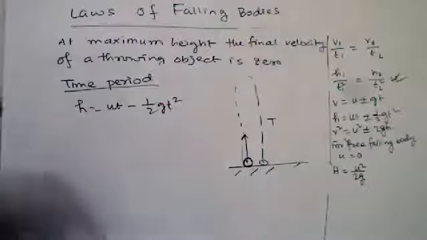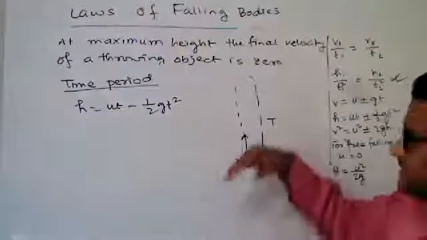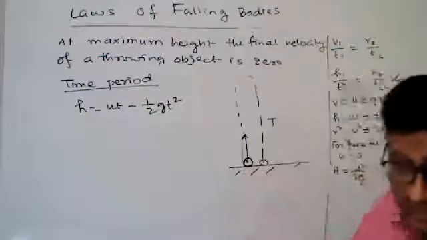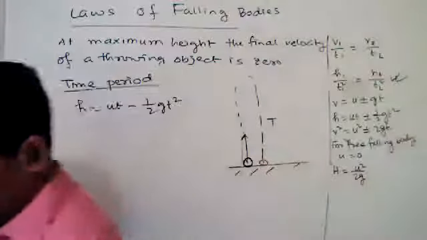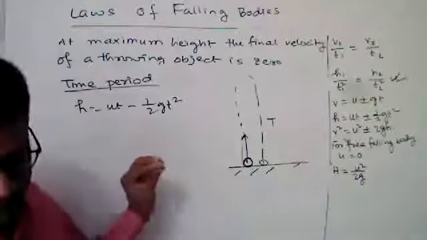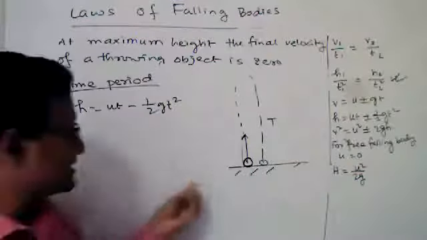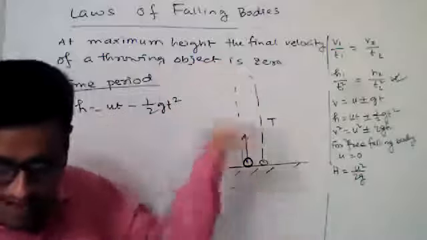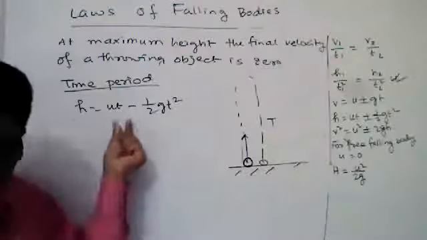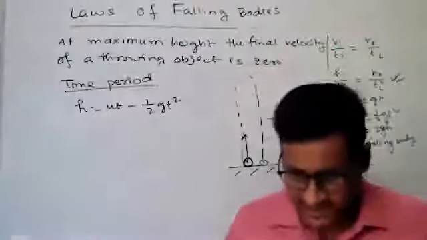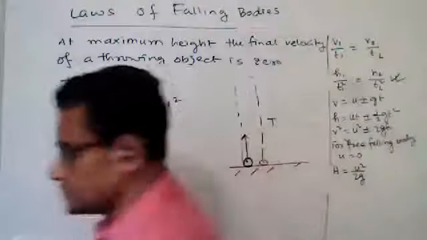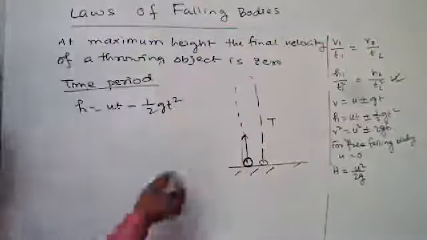After reaching the maximum height the object is falling, so why can we not use h equals to ut plus half of gt square? You have to remember this: the initial situation of the object is considered. Initially the object is thrown upward, so the equation will be h equals to ut minus half of gt square. Understand? Yes, sir.